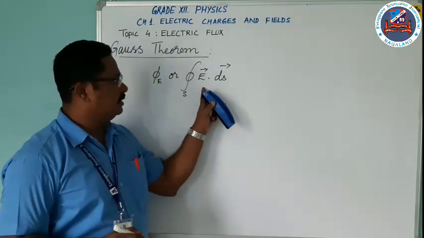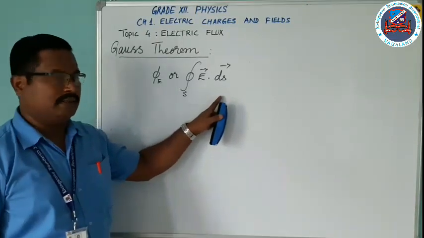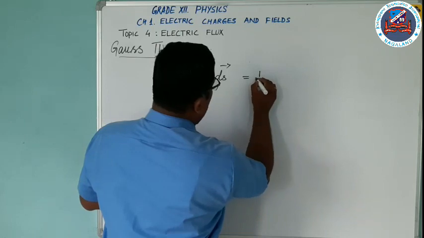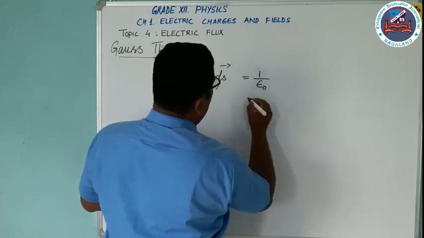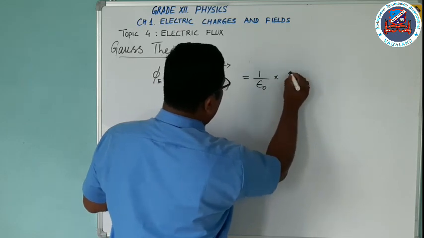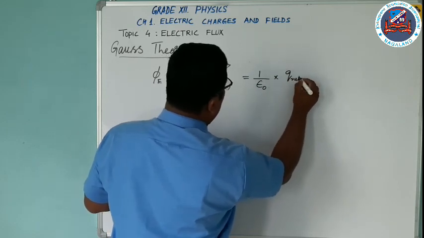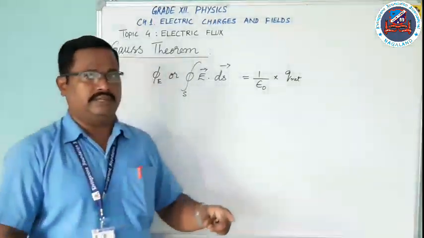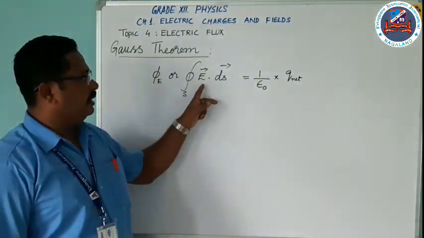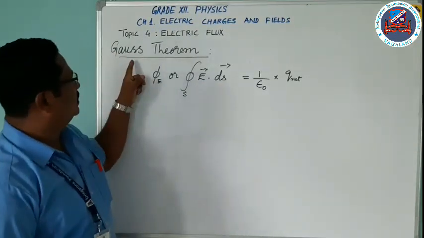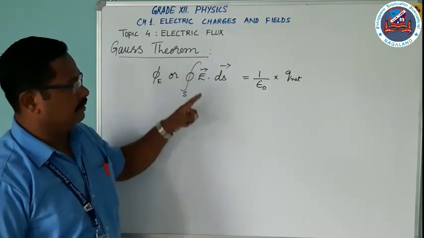The surface integral of the electric field intensity is equal to 1 by epsilon naught times the net charge enclosed by the surface. So it is a mathematical relation to find out the electric field intensity. Let us prove this Gauss theorem and see.